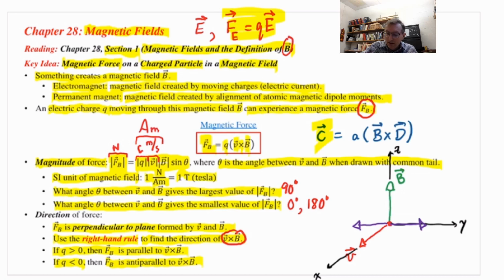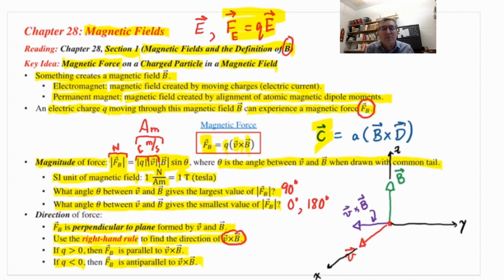All right, so for the picture I've drawn, the right-hand rule tells me that the V cross B is in the negative y direction. And then the direction of the force all depends on whether that particle's Q is positive or negative.